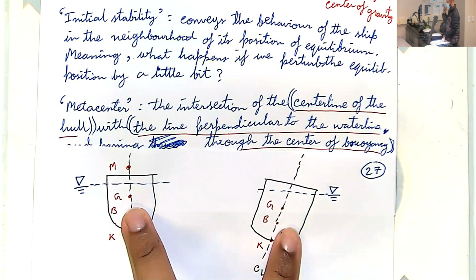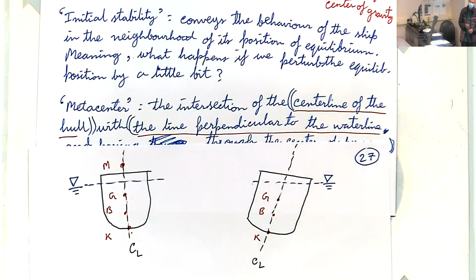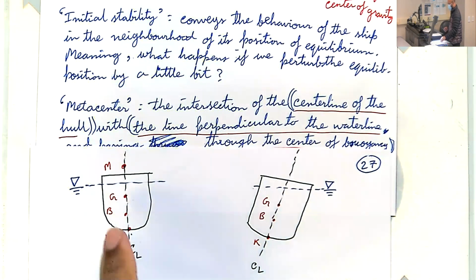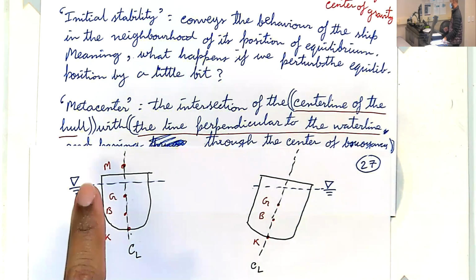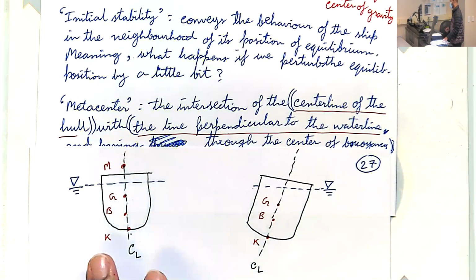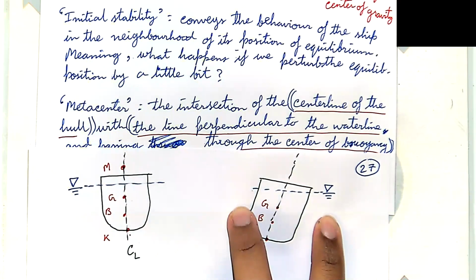Why is that? All right, so the volume doesn't change because the weight of the hull has not changed. You've just tilted it slightly. You know the weight has to be balanced by the submerged volume. So the same submerged volume here as here, okay?